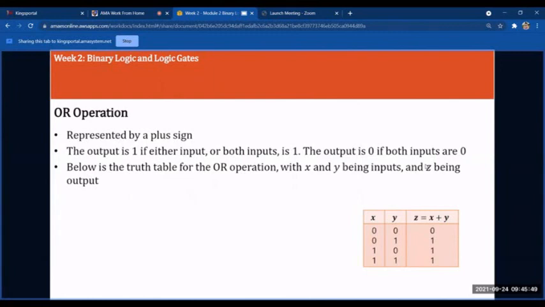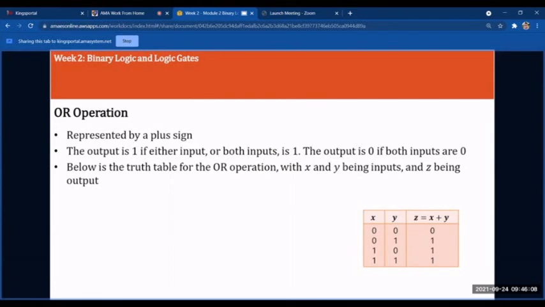For the OR operation, this is represented by a plus sign. The output is 1 if either input or both inputs is 1. The output is 0 if both inputs are 0. Let's check our truth table here.